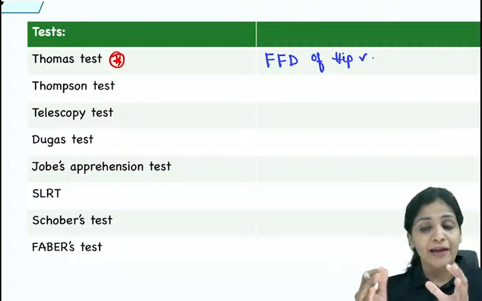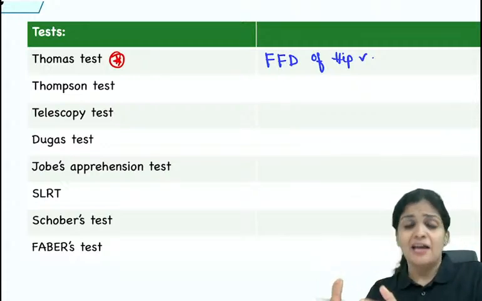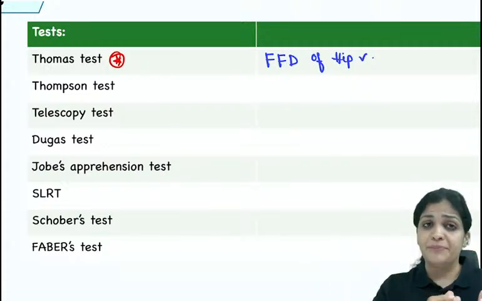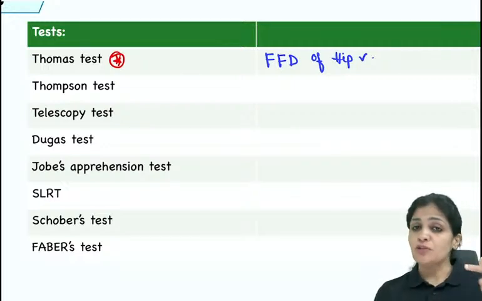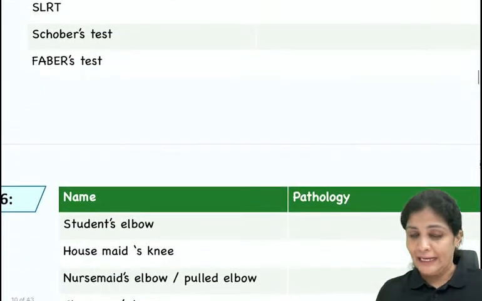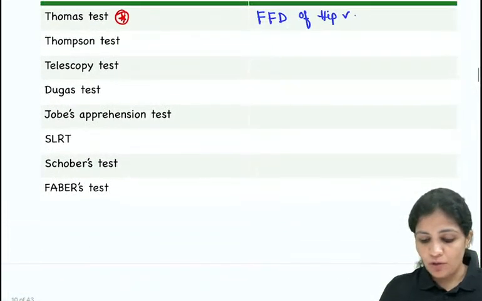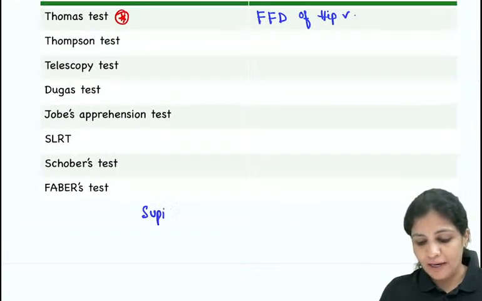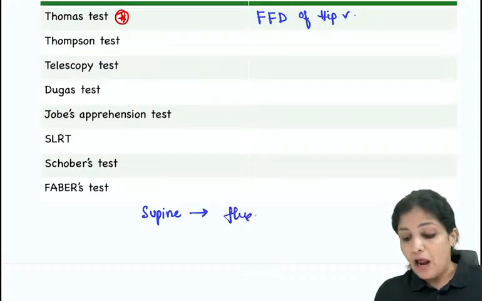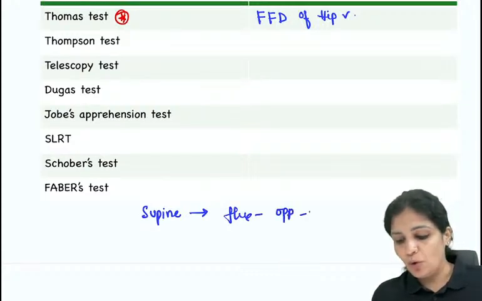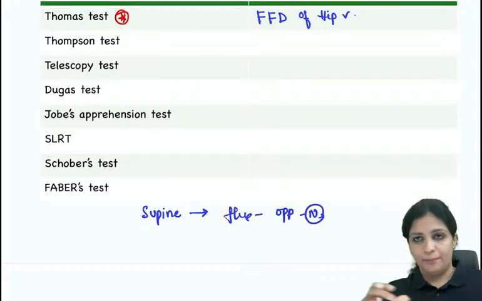So to identify how much the hip is flexing, we take up this test which is called the Thomas test. The steps of the Thomas test have also been asked in the INI-SET exam. So first you put the patient in supine position, right? And then you flex the opposite limb, that is your normal limb. You flex the normal limb.